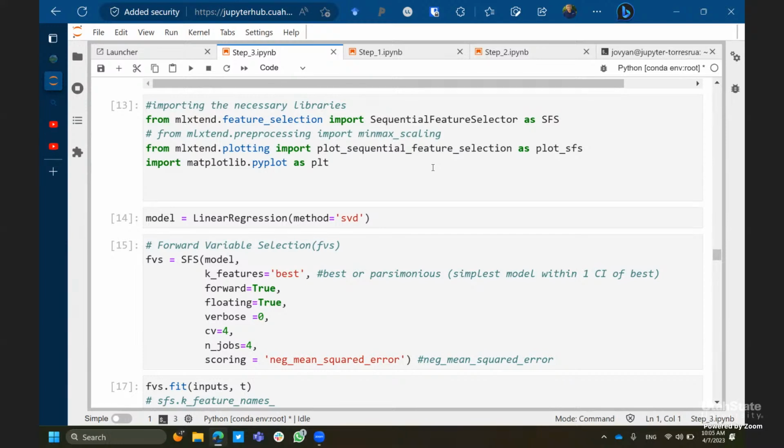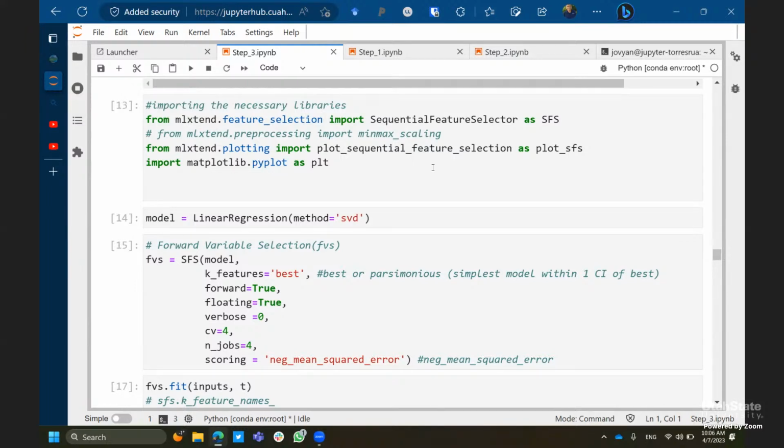We don't know. We tried combination of 1 and we didn't find anything. So we need to try combination of 2, 3, 4. So there are 3 ways to solve this, to get the best subset.